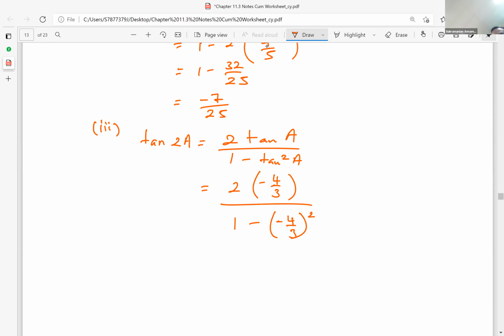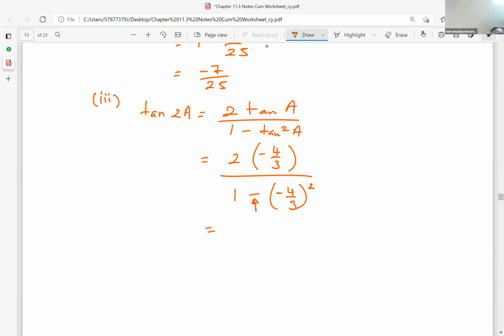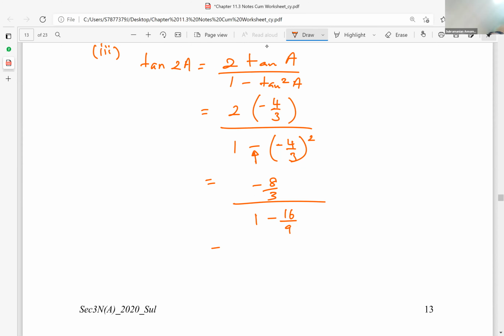So the bottom one will become positive, but because of the top, it will still be negative. So this is minus 8 over 3. Okay, so the bottom would give me minus 7 over 9, I guess. So this is minus 8 over 3, then flip it: 8 over 3 times 9 over 7. Cancel 3. 24 over 7.